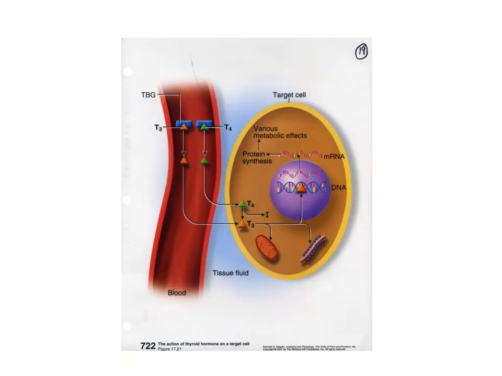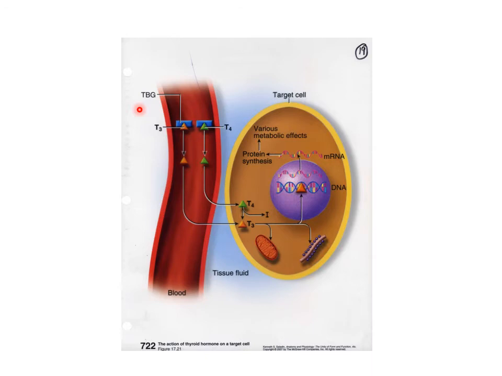This little picture here shows you, back to thyroid hormone, T3 and T4, they don't go through the bloodstream by themselves. They have to be carried by a protein, and this protein is called thyroxine binding globulin.